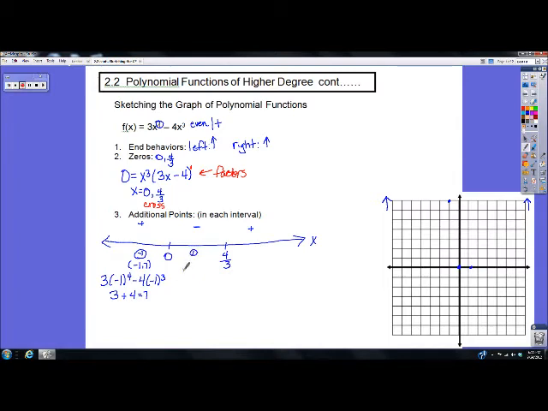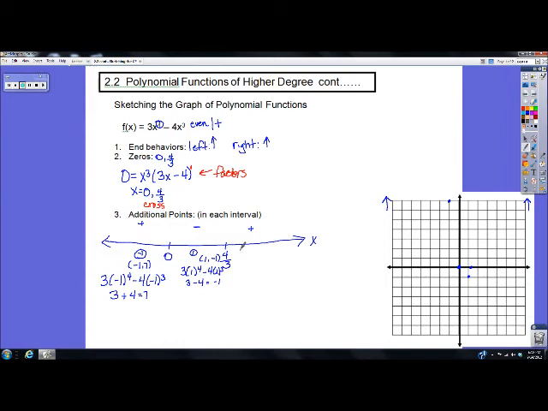So go plug a 1 in there. 3 times 1 to the 4th power minus 4 times 1 to the 3rd. Calculate that. That's going to be 3 minus 4 will equal -1. Well, that means the point 1, -1 is on your graph. 1, -1 right there is on your graph.